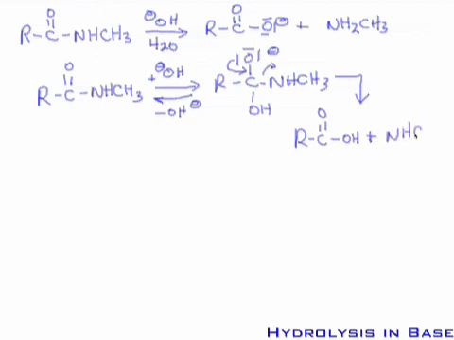NHCH3 minus. Now, under basic conditions, I was actually surprised when I first saw this reaction that it actually happened. That you could kick out an NH minus because it's such a powerful base. It would be such a terrible leaving group.